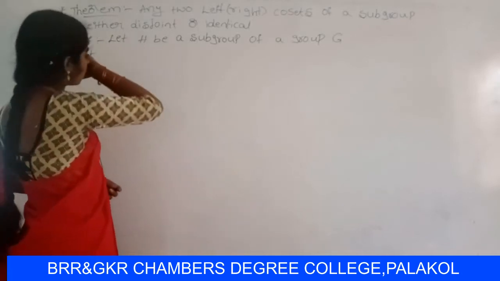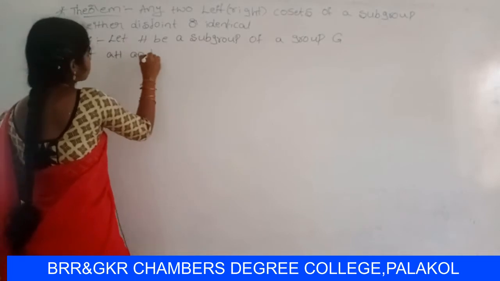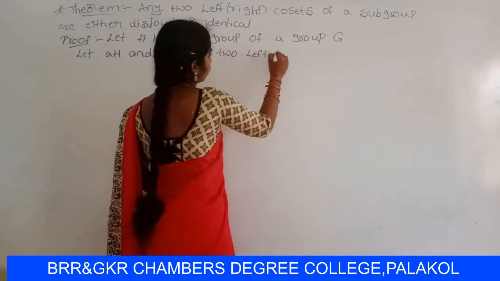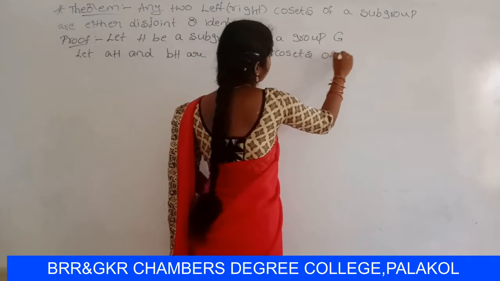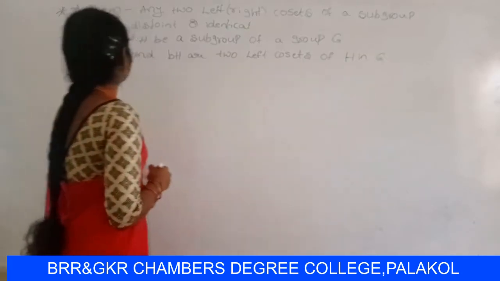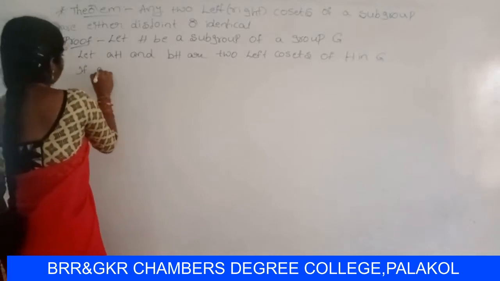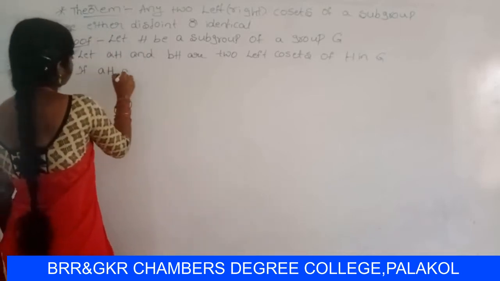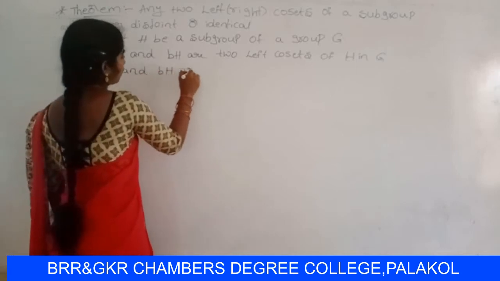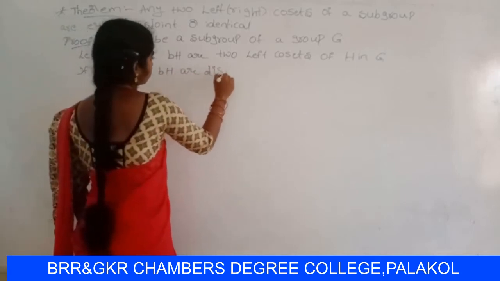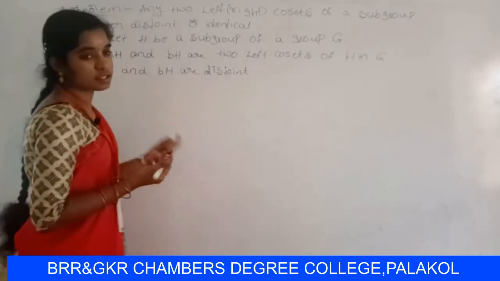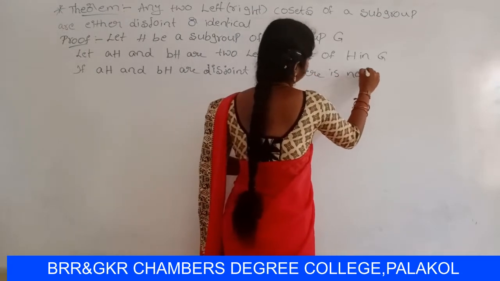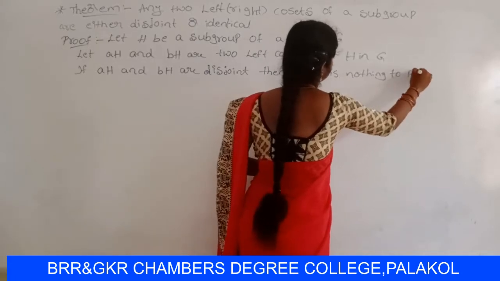So consider two left cosets. Let AH and BH be two left cosets of H in Z. If AH and BH are disjoint, there is nothing to prove.